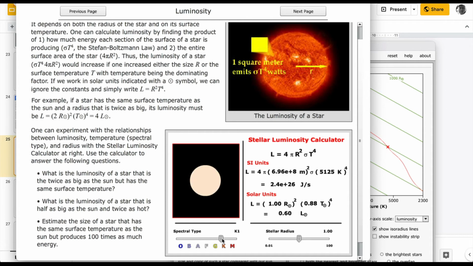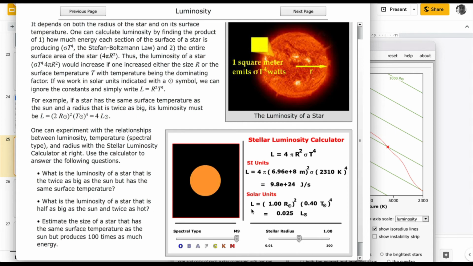So notice that when you change the sigma T to the fourth by changing the temperature slider to the different spectral types, very blue, starting to become yellow, starting to become orange, finally becoming red. So O, B, A, F, G, K, M. 30,000 Kelvin on this end, about 6,000 Kelvin here, and 2,000 Kelvin way down there. Actually, it looks like 2,300.